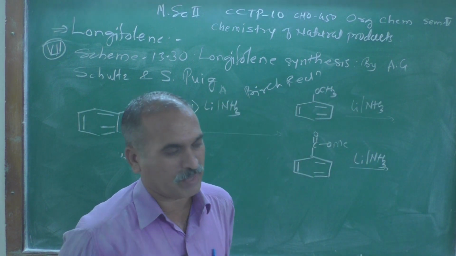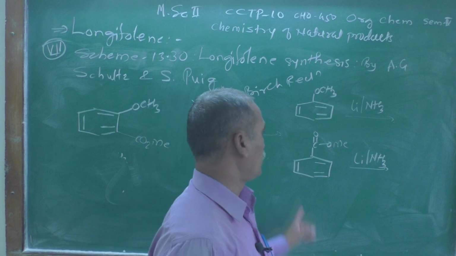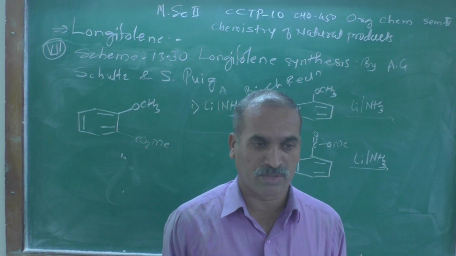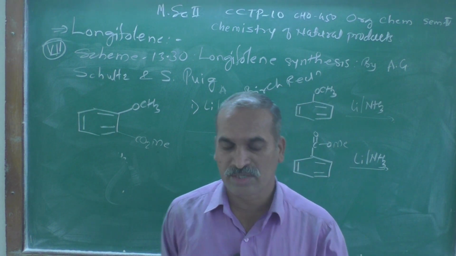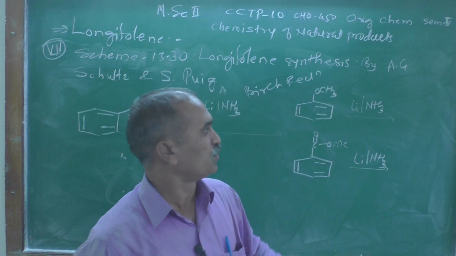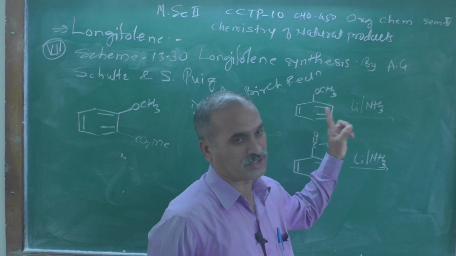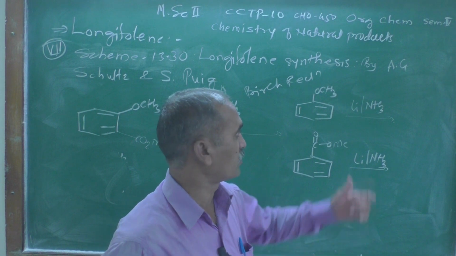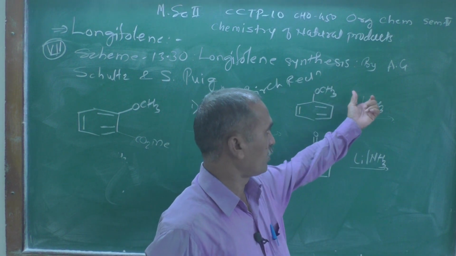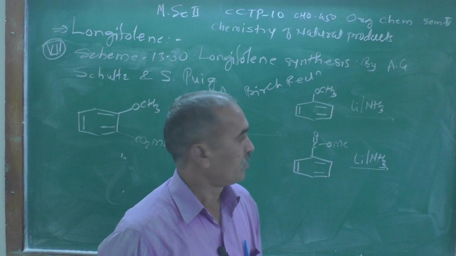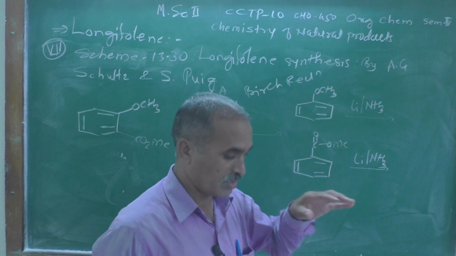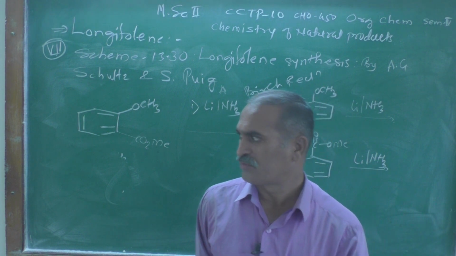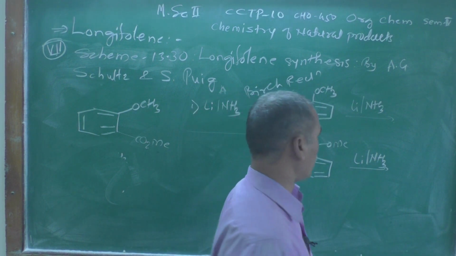Even though it is a stable aromatic compound, partial reduction takes place due to the presence of this Birch reagent. We can call this the Birch reduction. This is lithium, the metal, in the presence of liquid ammonia, and because single electron transfer takes place there, it forms a partial reduction.